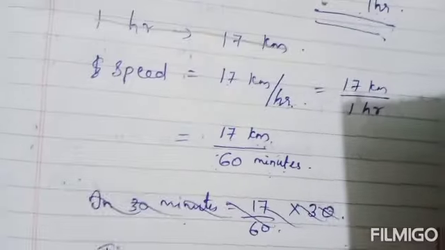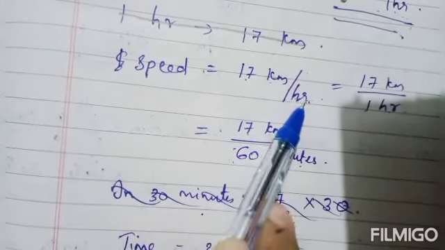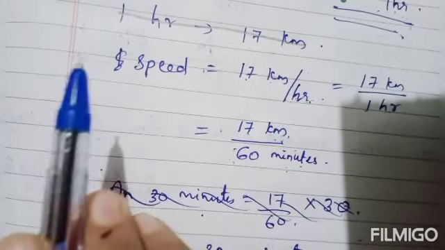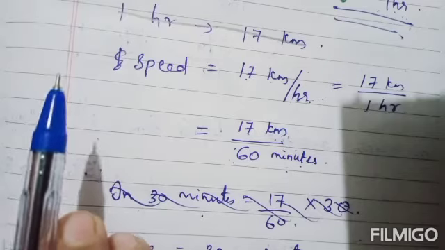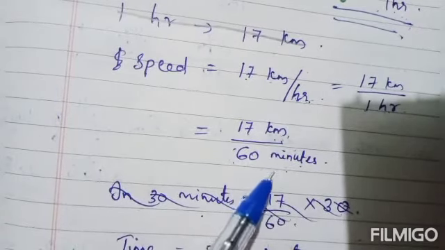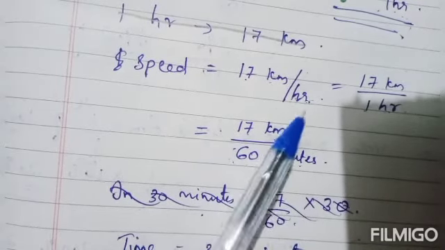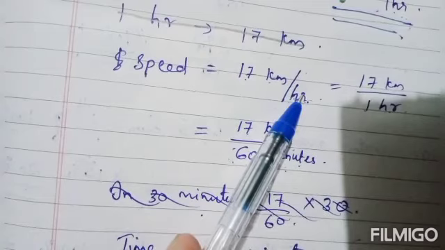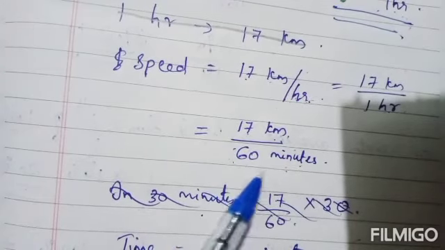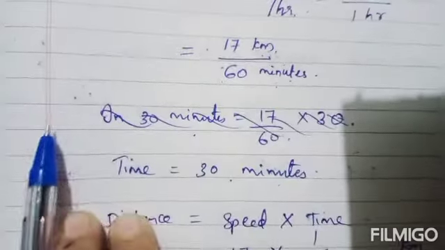Speed 17 kilometer per hour we found. Now we have to find how far the train travels in 30 minutes. So when we convert this hour to minutes, it is 17 kilometer per 60 minutes. So speed 17 kilometer per 60 minutes we got.